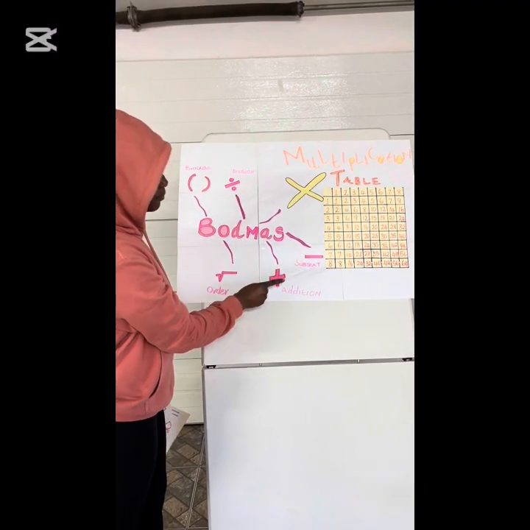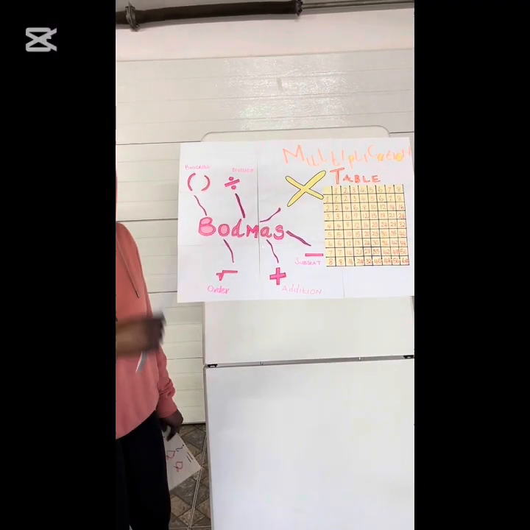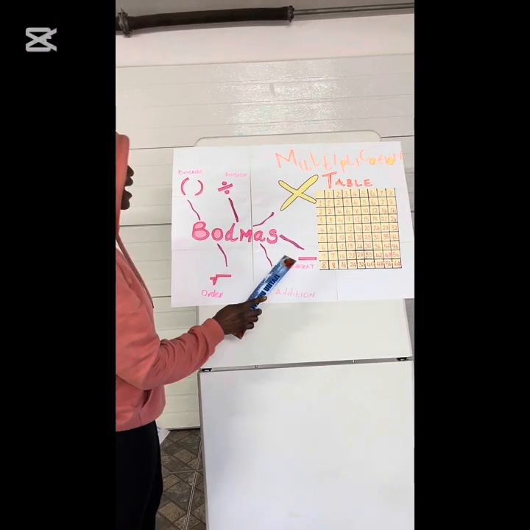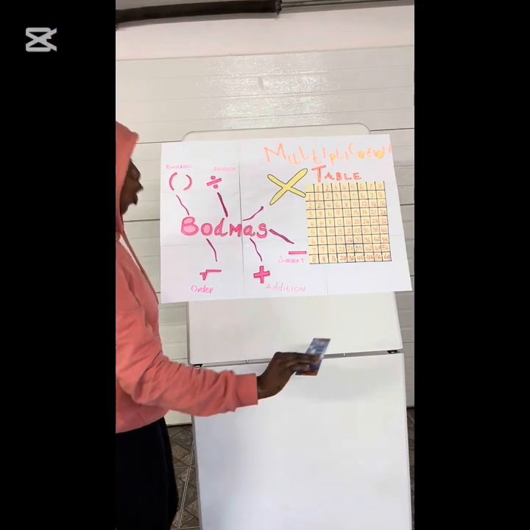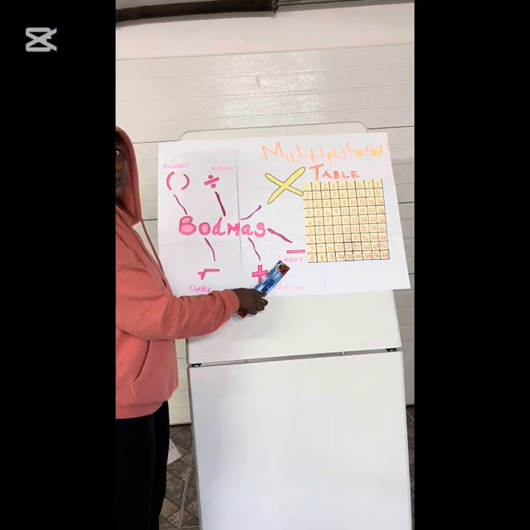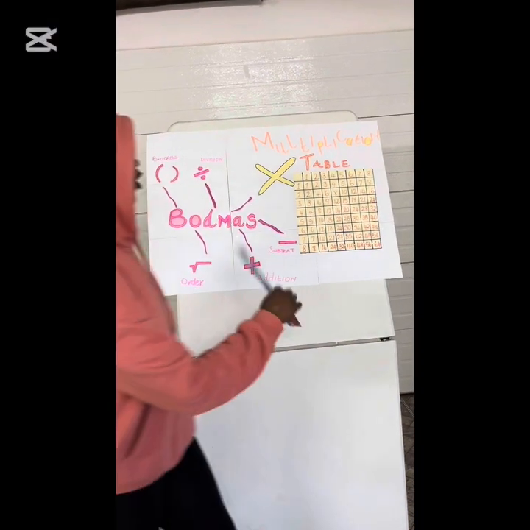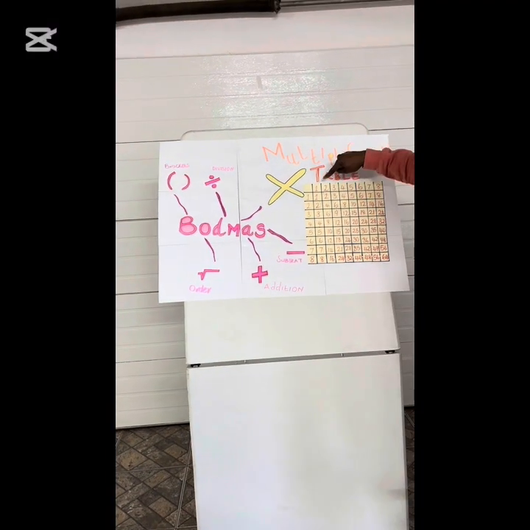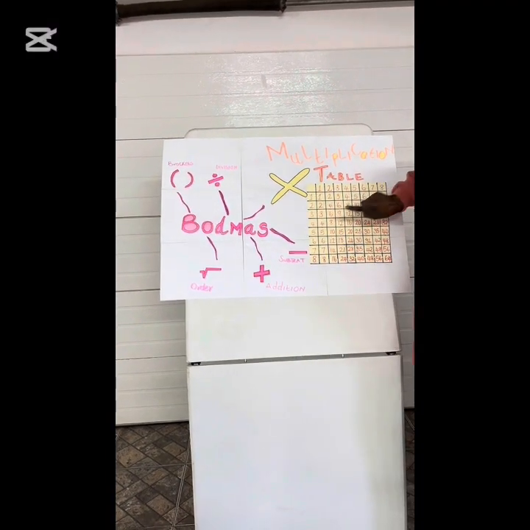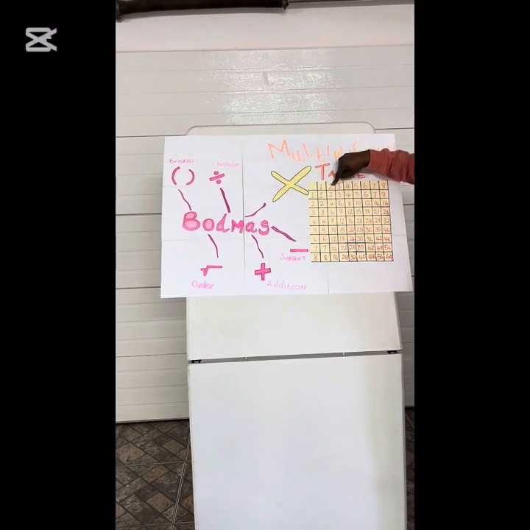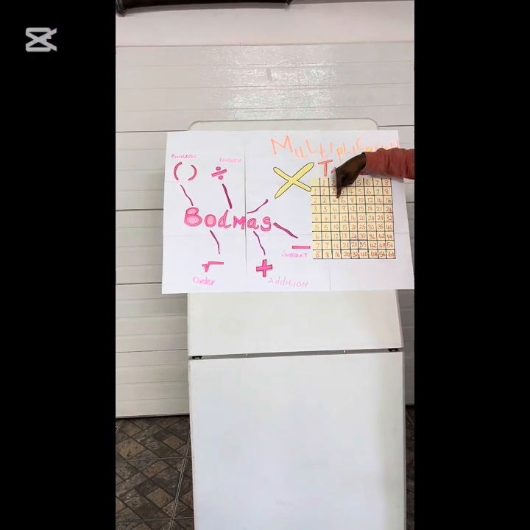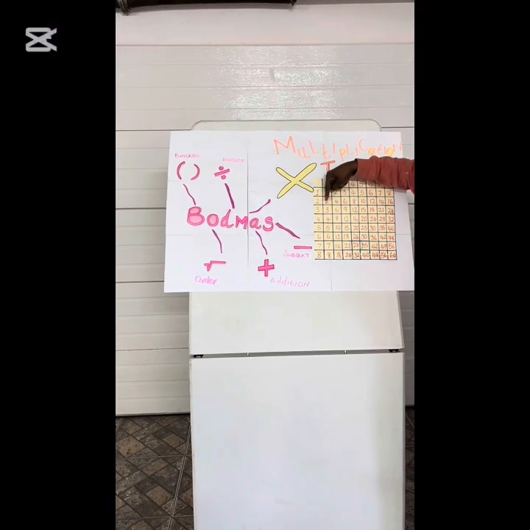Division and subtraction play the same role, but division subtracts more than subtraction. For example, 4 times 4 divided by 2 is equal to 2. 4 minus 2 is equal to 2.